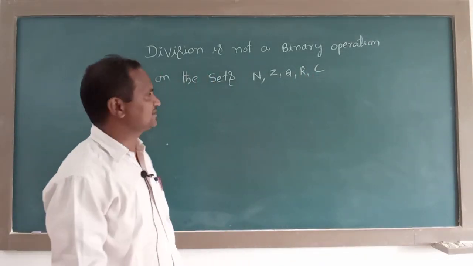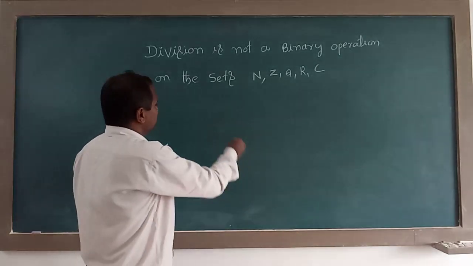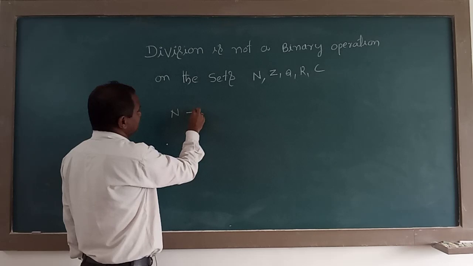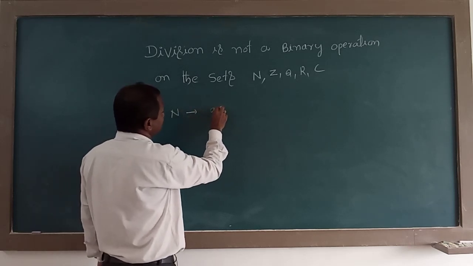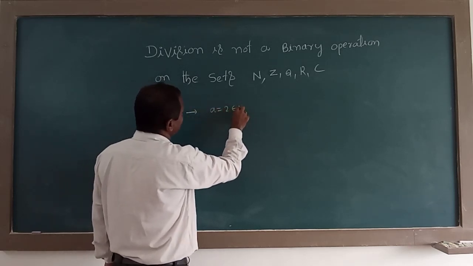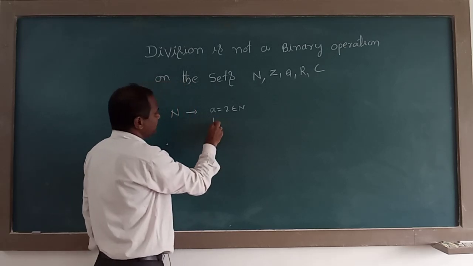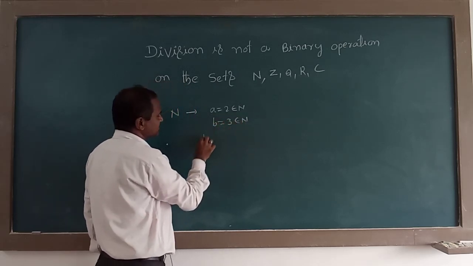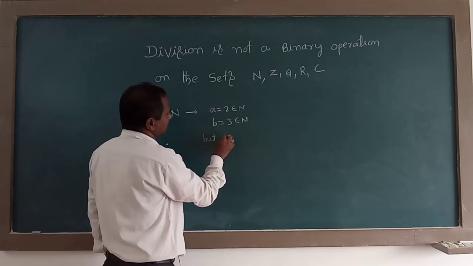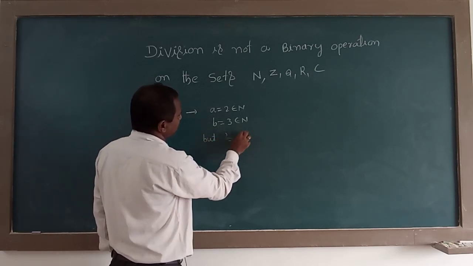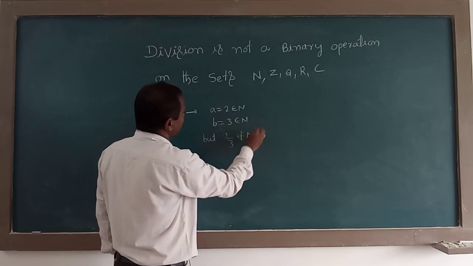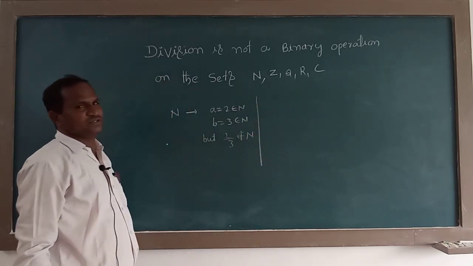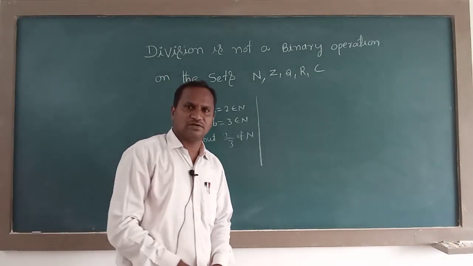See here, for example, for N take the first case. a equals 2 belongs to capital N, and b equals 3 belongs to capital N. But 2 by 3, the division, does not belong to capital N. Therefore, on the set of natural numbers, division is not a binary operation.